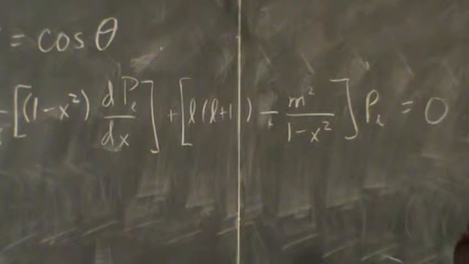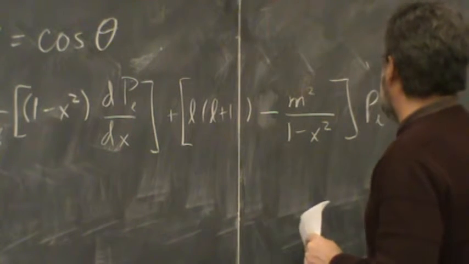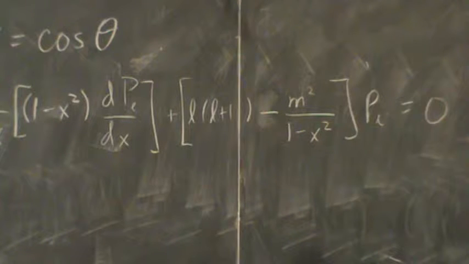That's the form that we most frequently see of the Legendre equation. Is that a minus sign between the L's and the M, or just chalk? It's a minus sign.